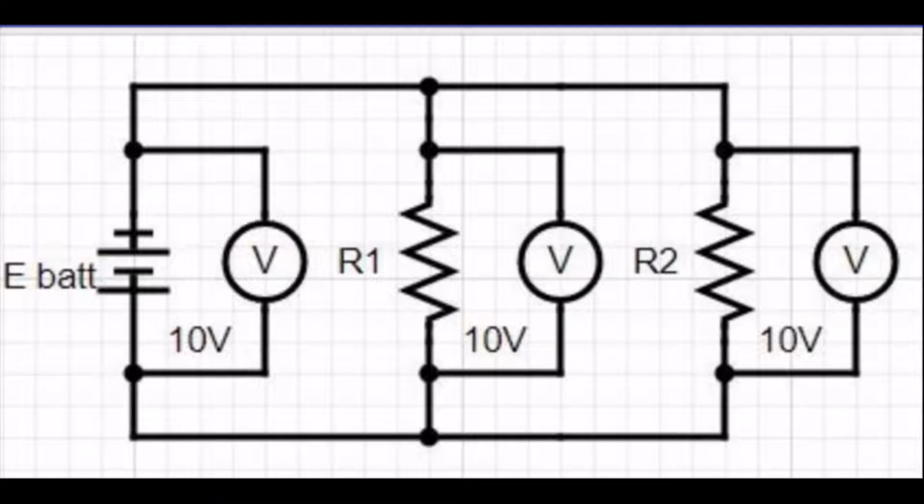So in parallel circuits, unlike series circuits, the voltage of the entire circuit is the same throughout the circuit. It's the same across each of the resistors, and they are equal to the voltage across the battery.